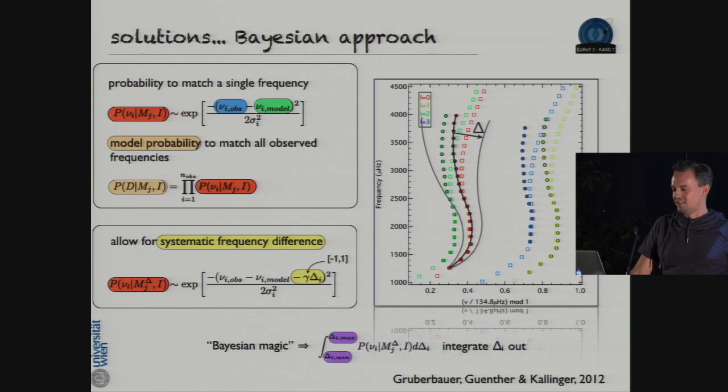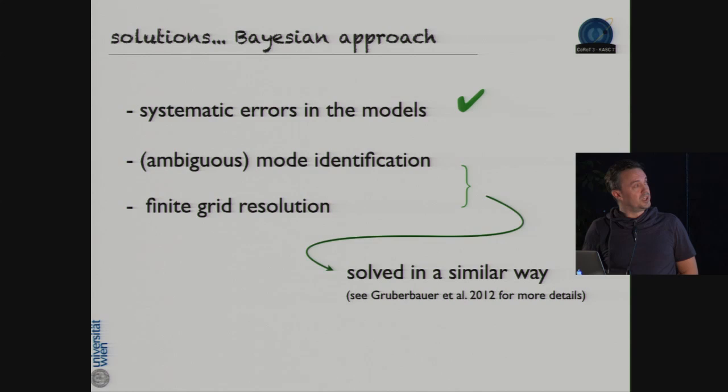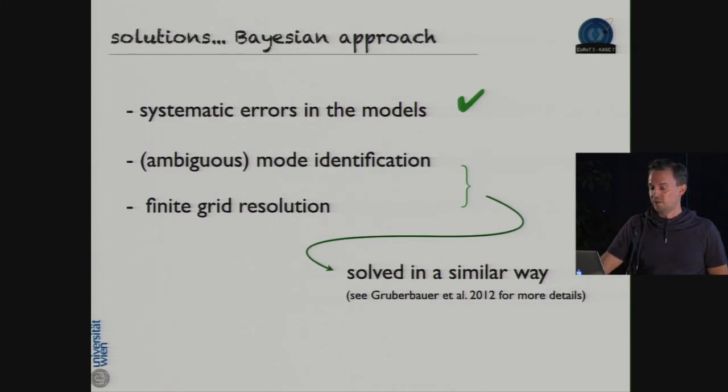And if you're interested in the details, it's well proven in the paper cited down here. So we get a way to deal with the surface effect. So we can put the check mark there. What about mode identification and finite grid resolution? That's solved in a similar way. I'm not going to talk about that, but you can check it out in the paper.